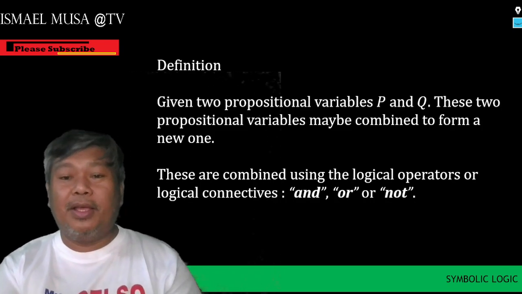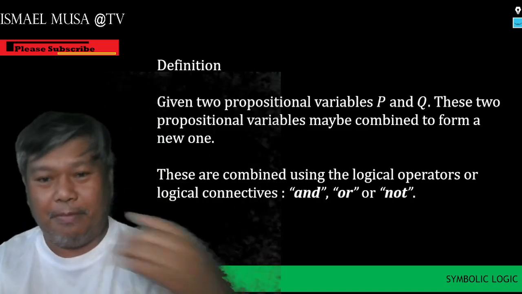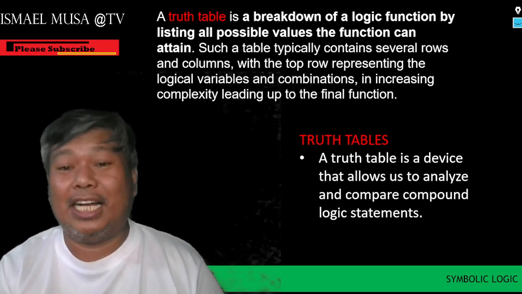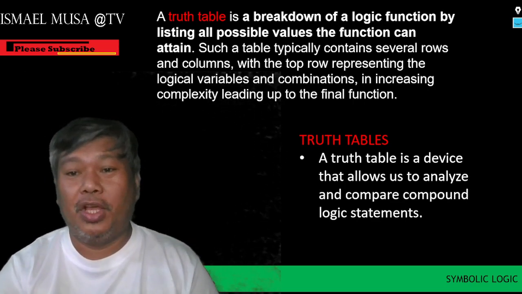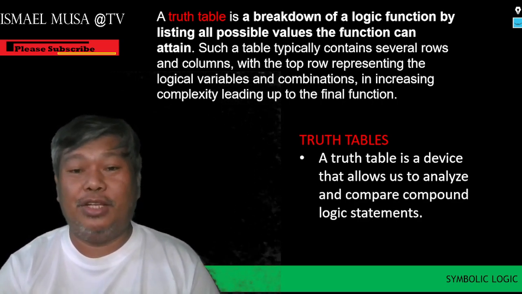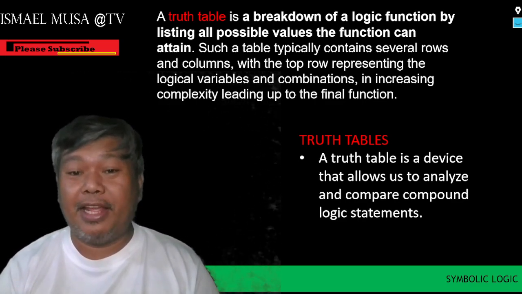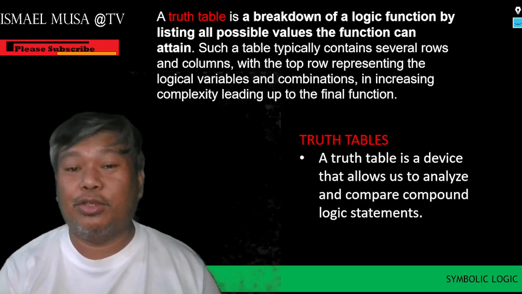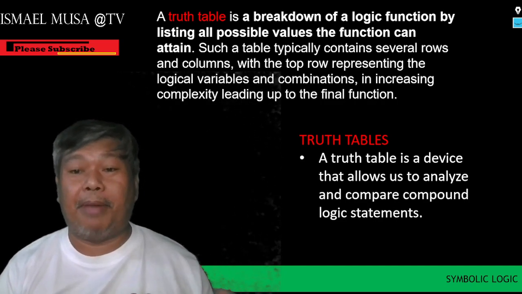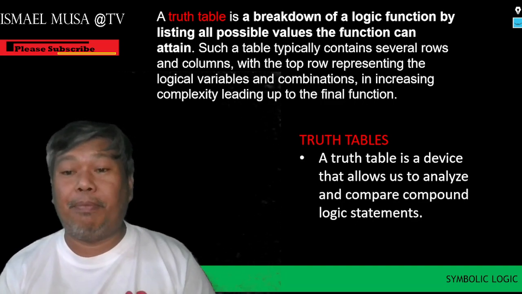Now, as I said earlier, our concentration today is making a truth table. A truth table is a breakdown of a logic function by listing all possible values the function can attain. As I said earlier, for a propositional variable we can assign a truth value. Such a table typically represents the logical variables and combinations in increasing complexity, leading up to the final function.